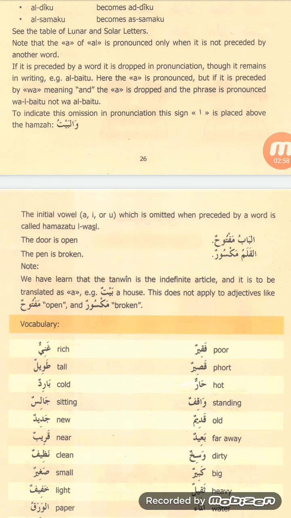If a qamari letter, a moon letter, comes after the lam, the lam is pronounced. If a shamsi letter, a sun letter, comes after the lam, then the letter before the alif will join with the shamsi letter, and the shamsi letter, the sun letter, will have a shadda, tashdeed.